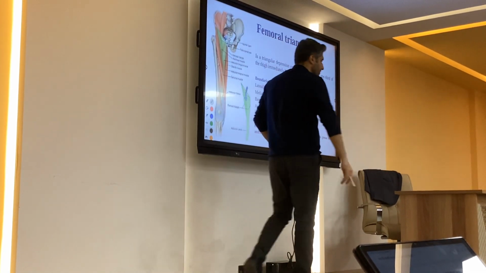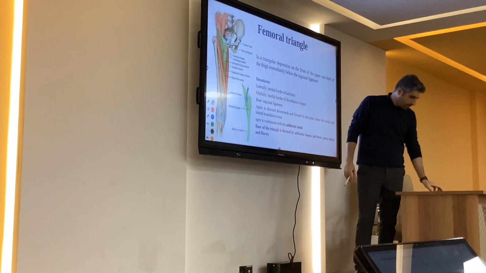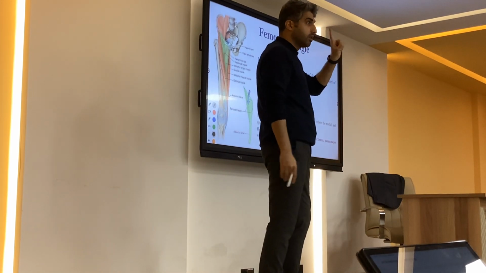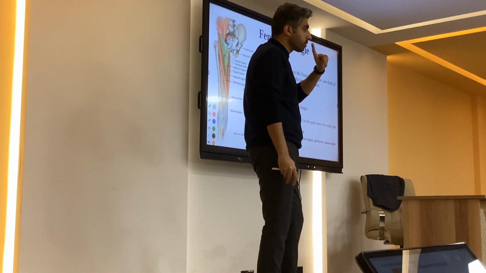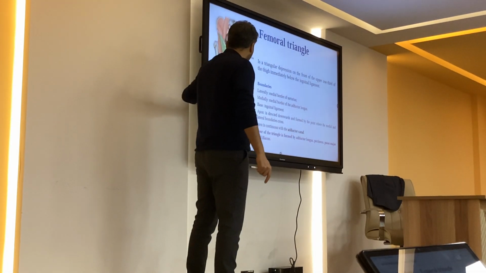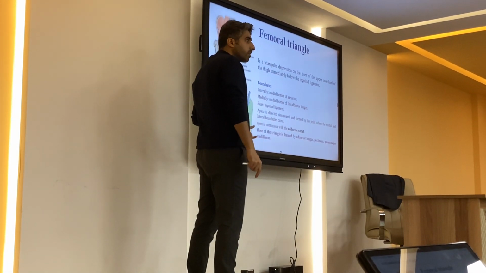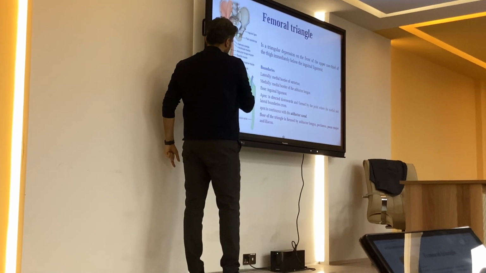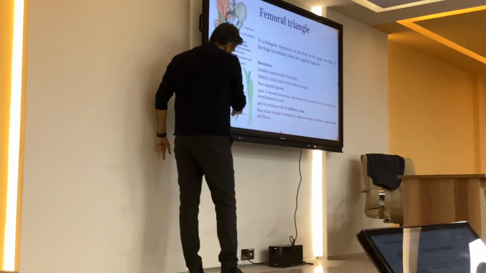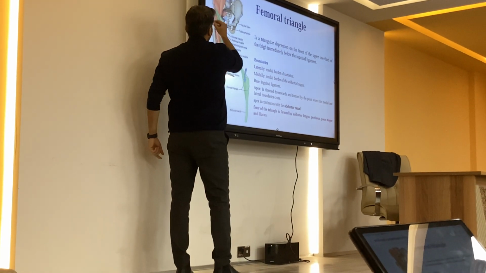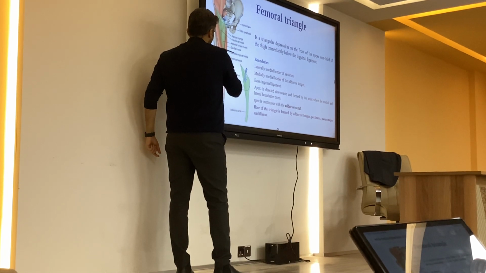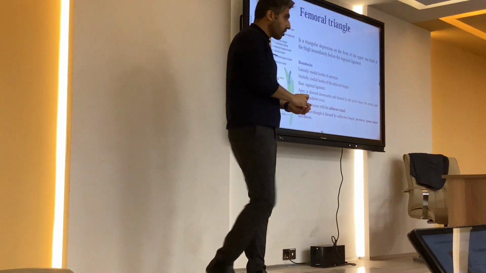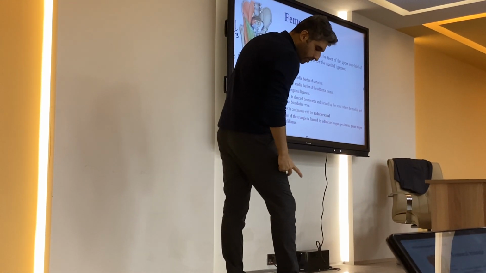Femoral triangle. In the thigh, we have an important rule. Pay attention to this. If we divide the thigh into 3 parts, upper 1/3, middle 1/3, and inferior 1/3, in each region we have one important point.